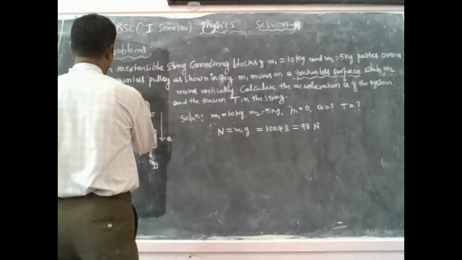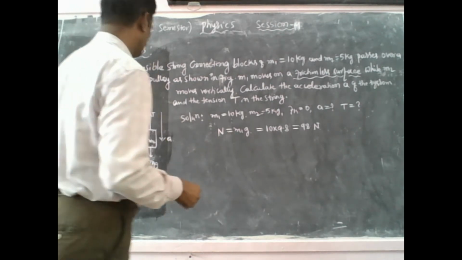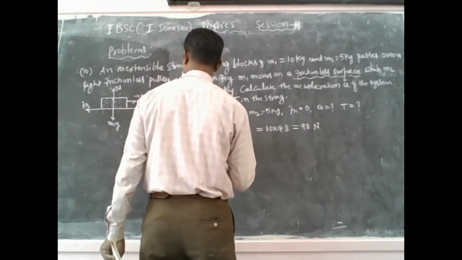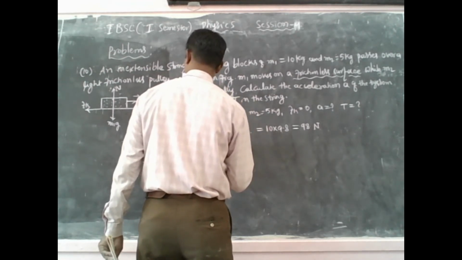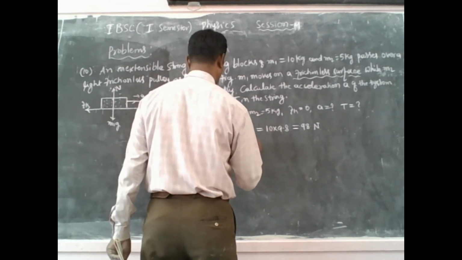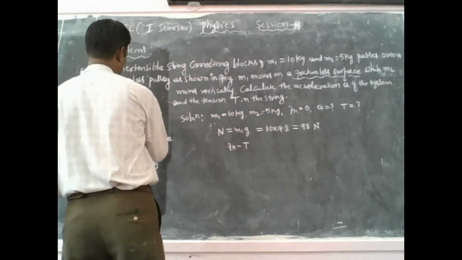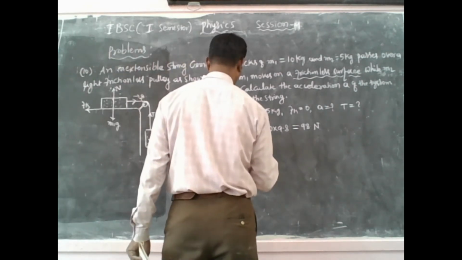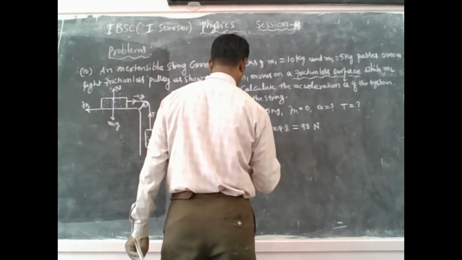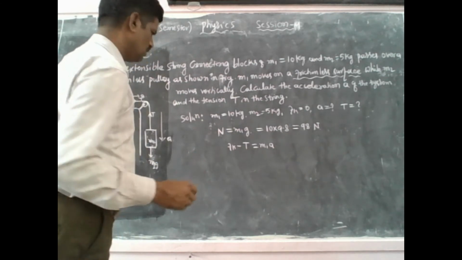And one more, we have to construct the second equation, that is Fk minus T, and we have to include the tension in the string. T equals M1A, isn't it?